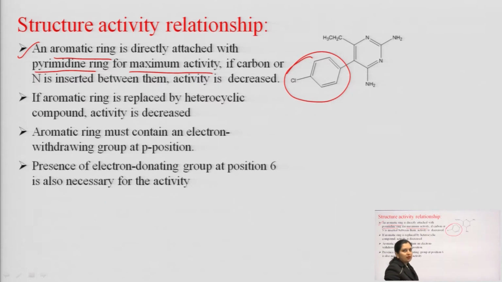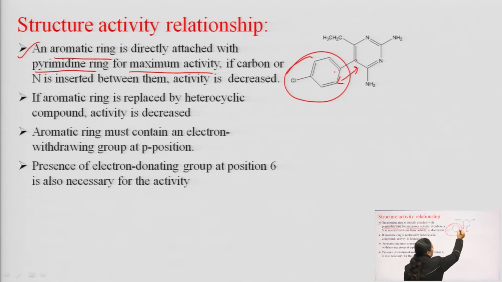They state that if any other atom, like carbon or nitrogen, is inserted between these two, then the activity is decreased. So, here we understand that for the maximum activity, it is very important to have direct linkage of these two rings.